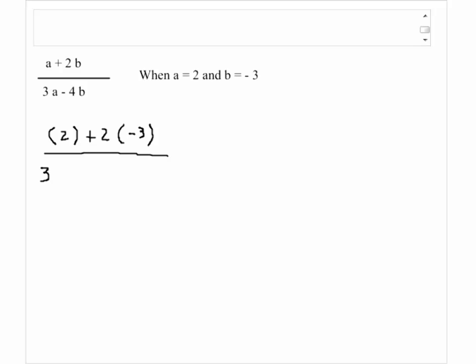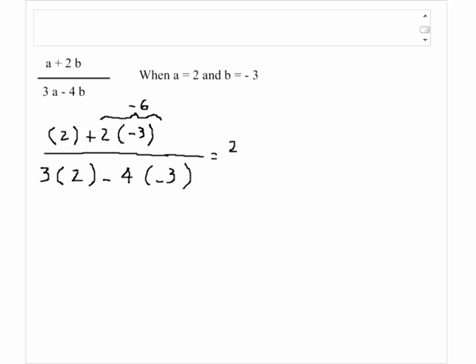You notice I use parentheses for each variable. Here I have 3 times a, which is 2, minus 4 times b, which is minus 3. I just have to follow the order of operations. Here I have the top of the fraction, 2 times minus 3 would be equal to minus 6.